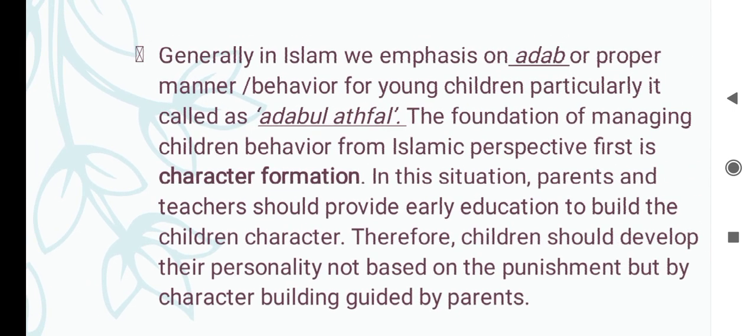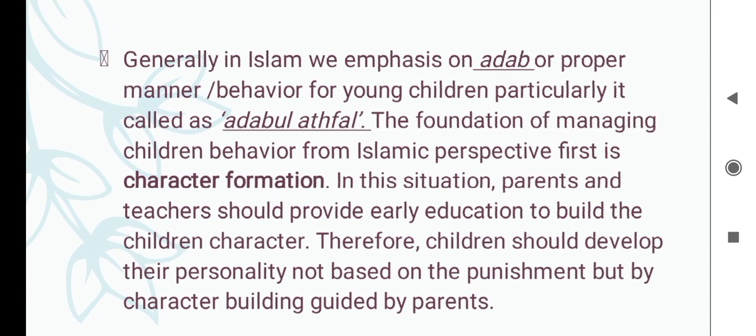of managing children's behavior from the Islamic perspective, first is character formation. So in Islam, in order for us to manage the behavior of the children, the foundation, the basis, is to form the character.